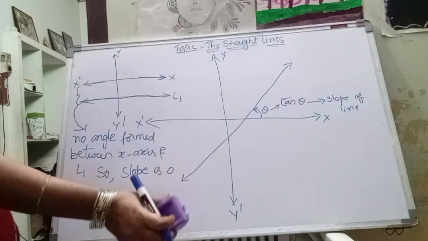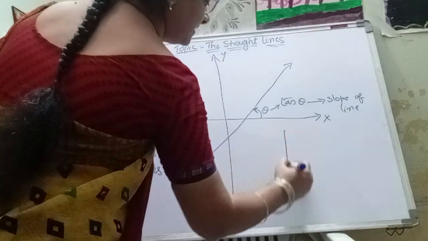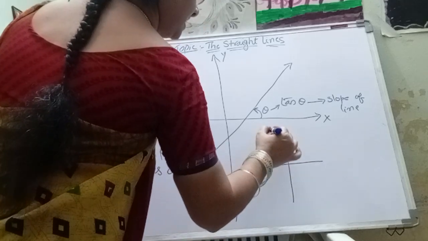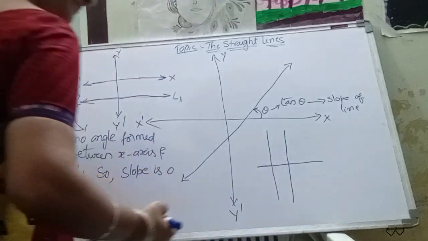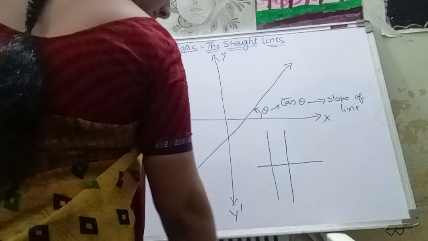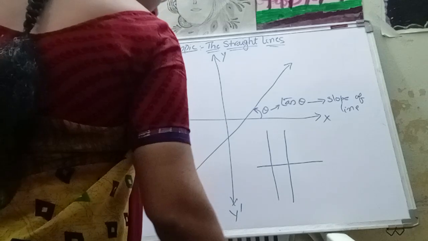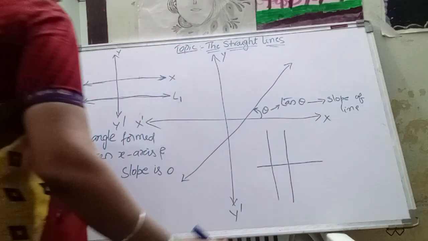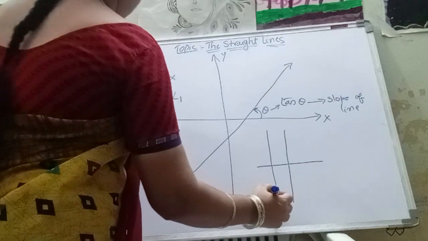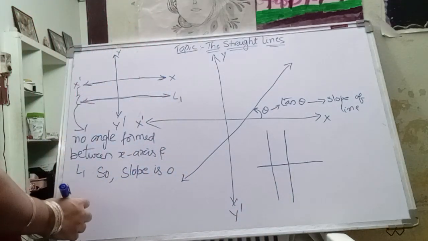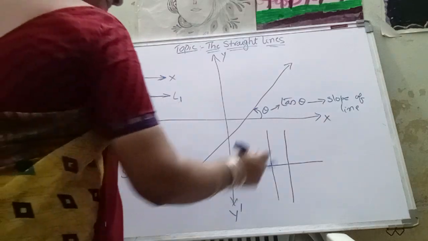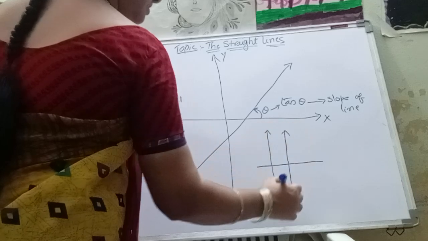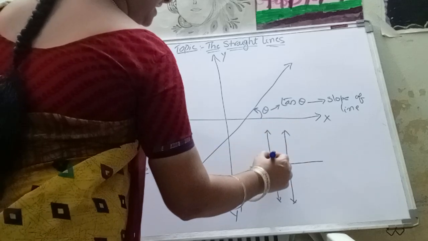Next, if the line is vertical, that means it is exactly 90 degrees.